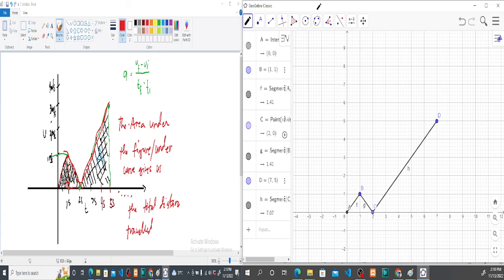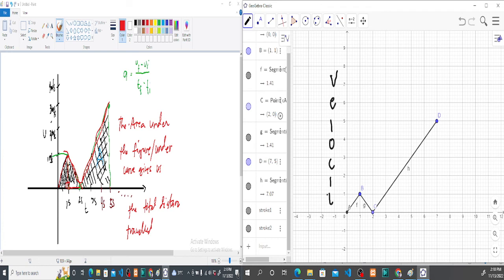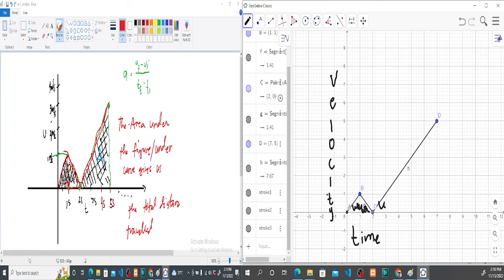Alright, so this is where velocity is plotted. So this is velocity. And then we have here time. Alright, so we say that the area under the figure is actually the total distance traveled.